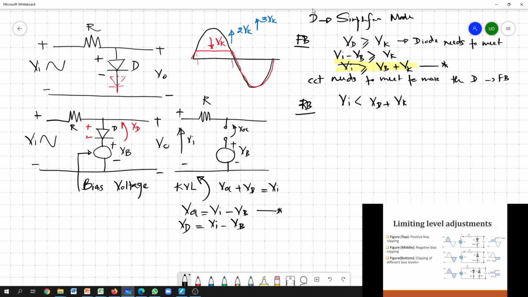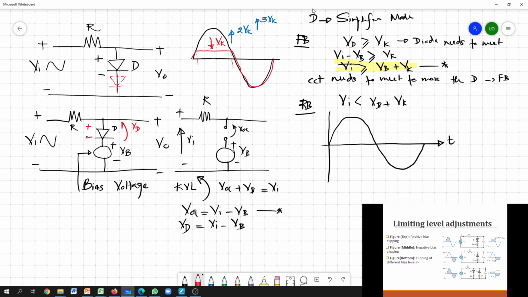So let's draw the input circuit. This is your input signal. Then we can mark this VB plus VK.